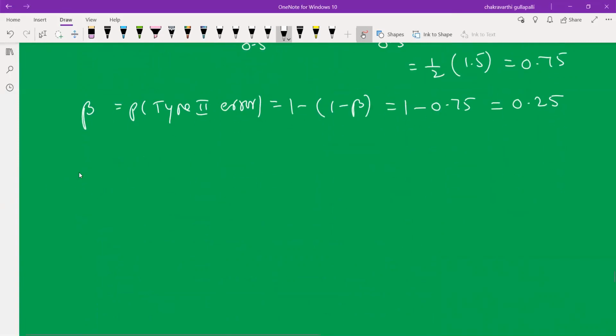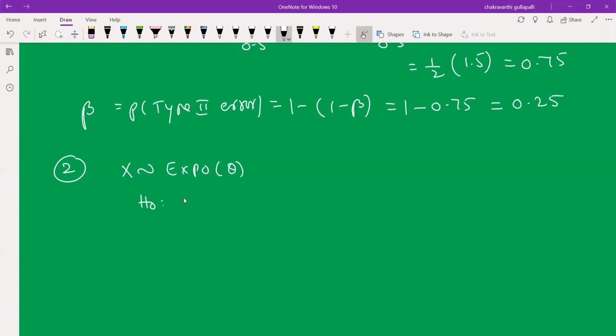Next problem in this category, the second problem. X follows an exponential distribution with parameter theta.